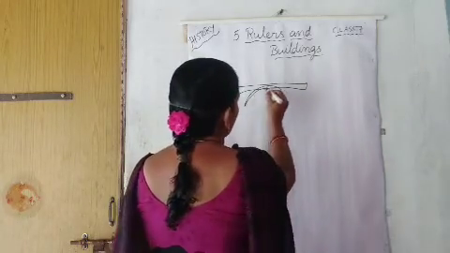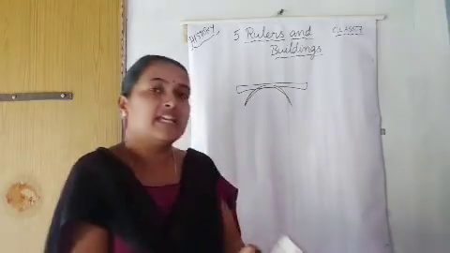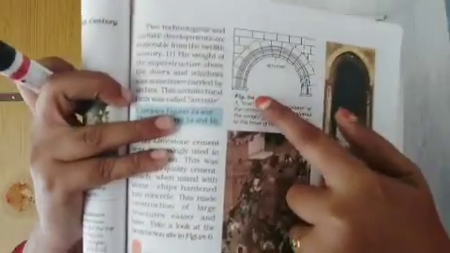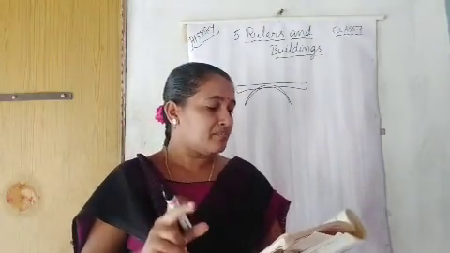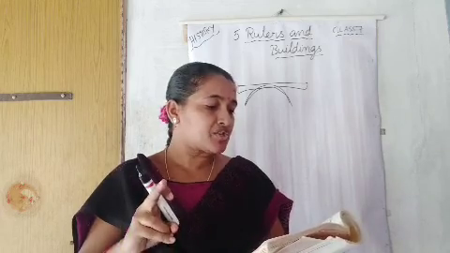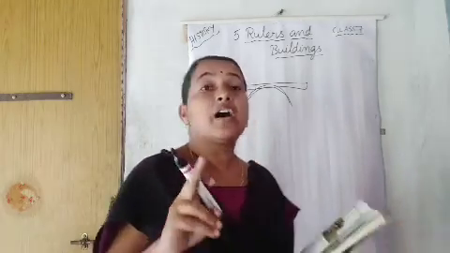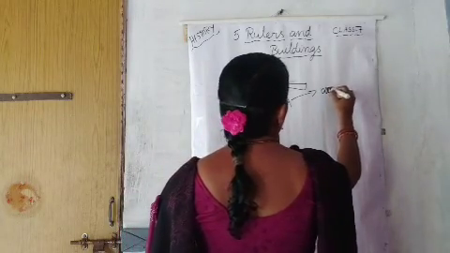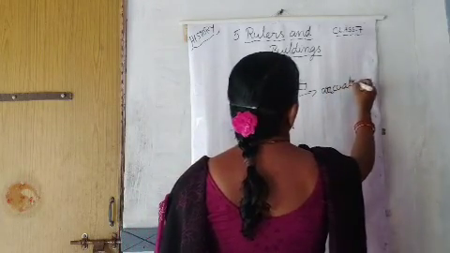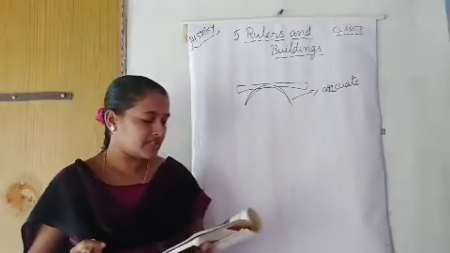That means these dome shaped constructions. See, they have given this picture also. And the second point is this architectural form was called arcuate. This type of construction was called arcuate, A-R-C-U-A-T-E.